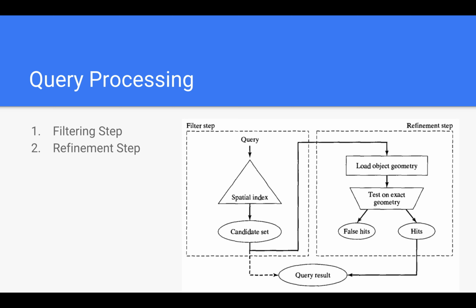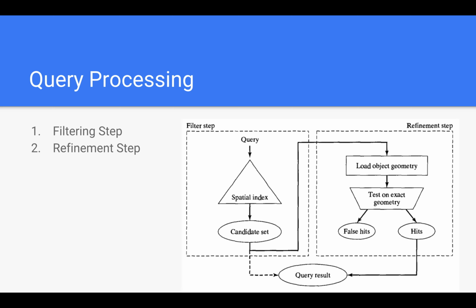So now we are going to talk about the querying process. The way spatial data querying works is divided into two steps. The first one is called the filtering step. The second one is called the refinement step. The first step will try to find the approximate spatial data objects, so in the second step we will largely reduce the space we want to search.